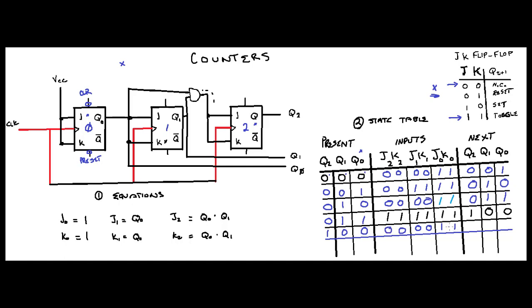So what's going to happen here? Well, J0, K0, that means Q0 is going to toggle, right? So that 0 is going to toggle to a 1. Q1, which relates to J1, K1, that's going to stay the same, no change. So that's just going to be a 0. And the final one is J2, K2, that's 0, 0, so that's not going to change either. So that's going to be a 1. It's just going to come right on down.